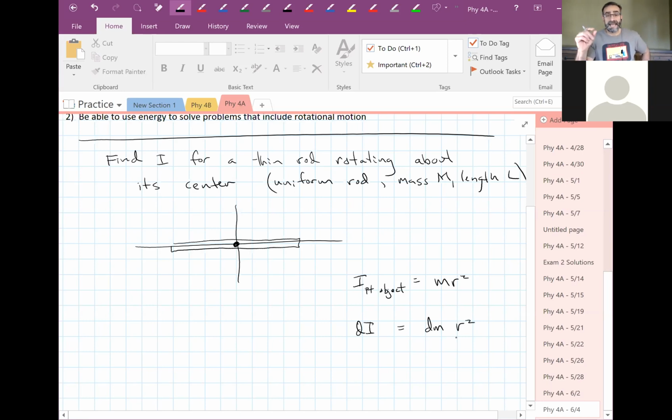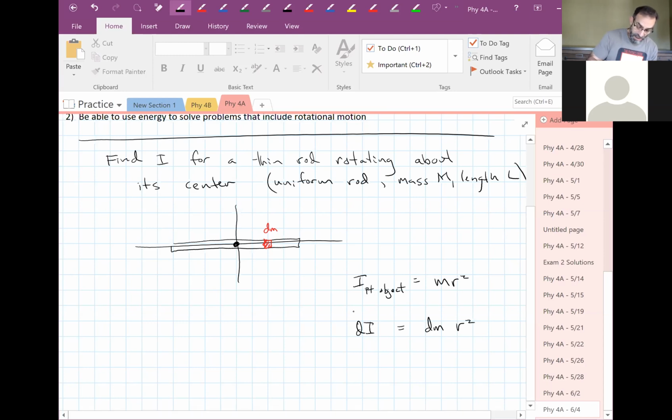So the little tiny contribution to the total rotational inertia, I'll call that dI, is equal to dm times r squared. The little element of mass, this little guy right there, times r squared.